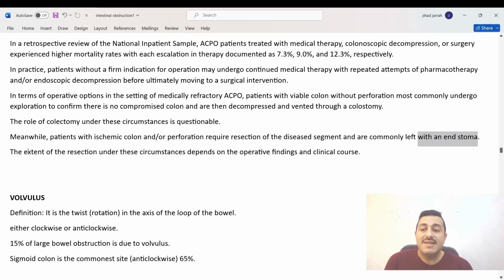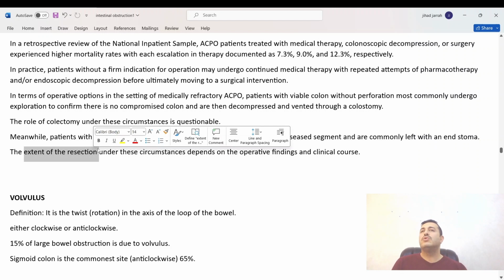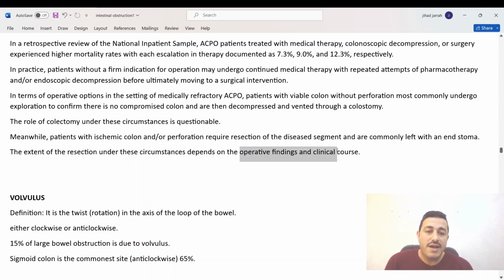Actually, the extent of resection, should we do right hemi, left hemi, total, subtotal, this depends on the operative findings and the clinical course. So if the patient is unstable, please bring an end stoma.